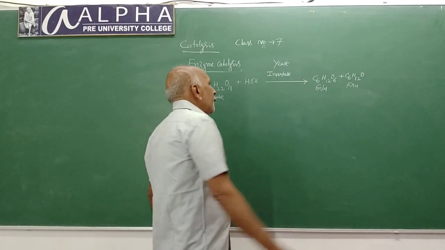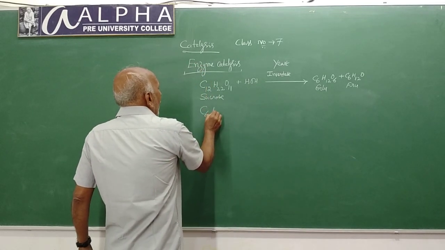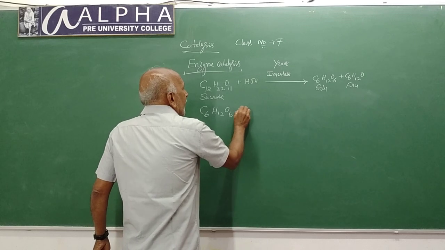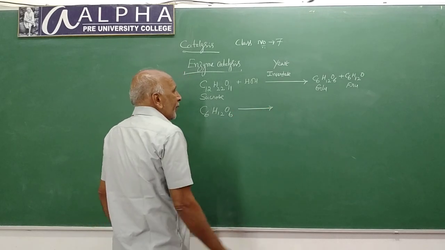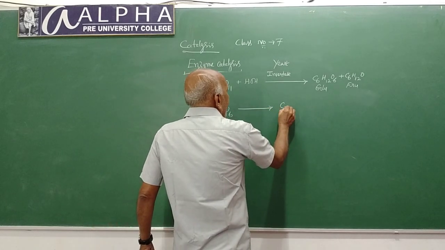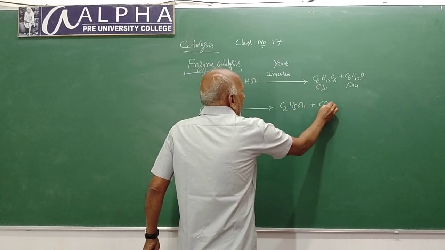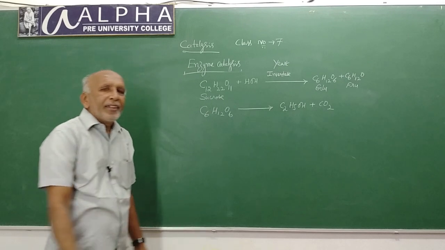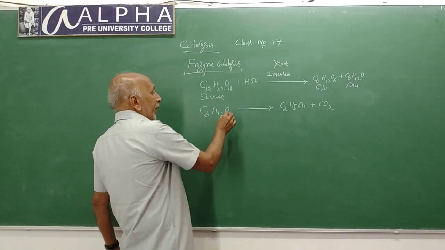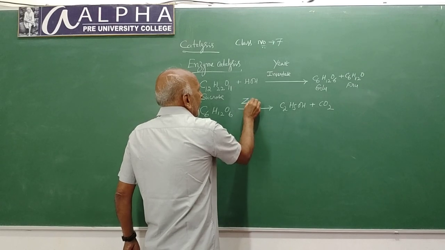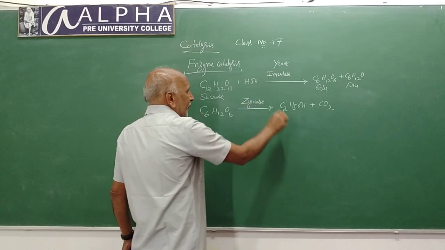In the next step, this glucose decomposes to form ethyl alcohol and carbon dioxide. This reaction is catalyzed by an enzyme known as zymase.